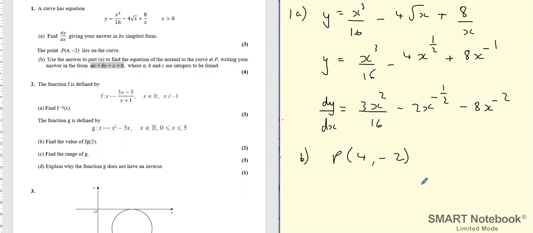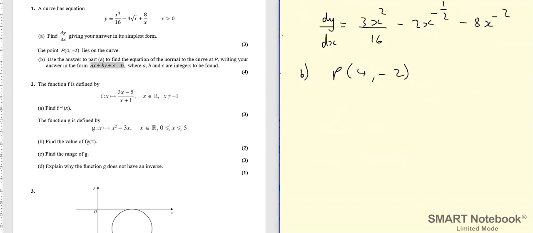Right, so to get an understanding of this, dy by dx gives us the gradient of the tangent if we substitute the x coordinate in. So what I'm going to say is gradient of tangent.